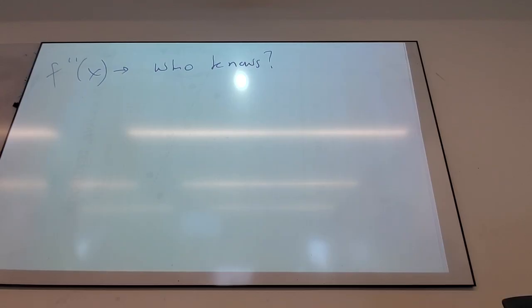If my line was 5x plus 2, what's the slope? 5. And of course we know that from algebra, or if you do the derivative, you get 5. What's the derivative of 5? Second derivative is 0, because is the slope changing for a straight line? No. So of course the second derivative is 0. You with me? Okay.